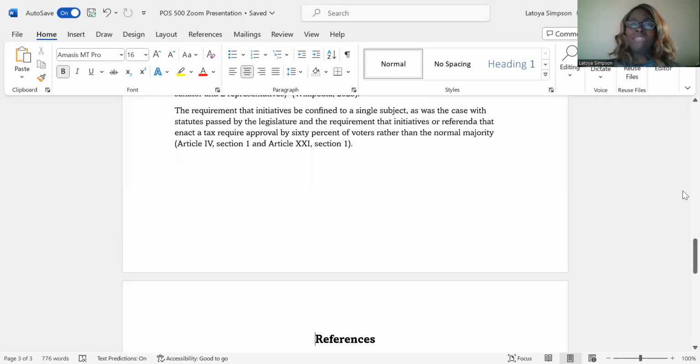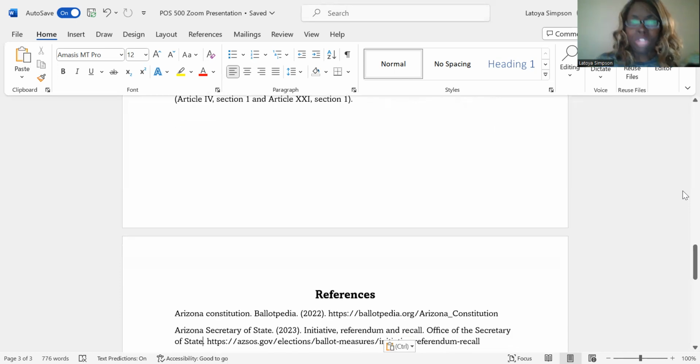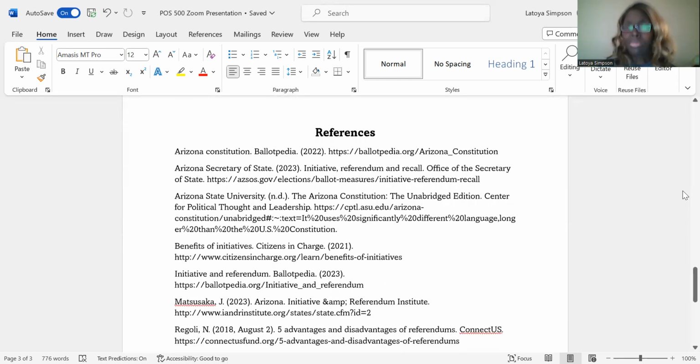And that is coming from Article 4, Section 1 and Article 21, Section 1. Here are all the references used for this presentation.